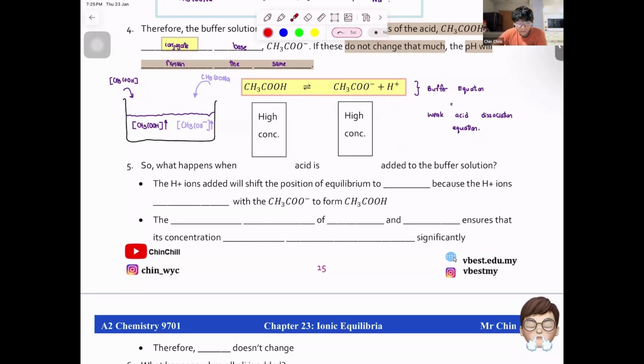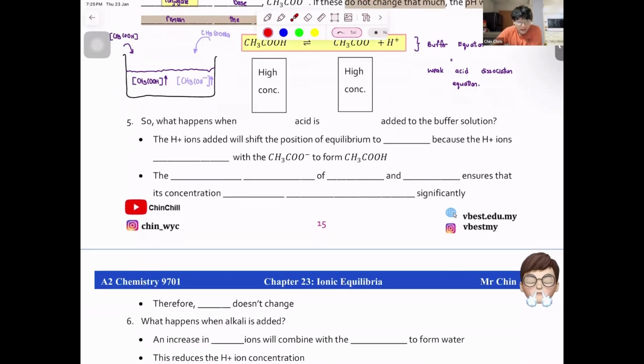Now, the H+ ion added will shift the position of equilibrium to the left. Why? Because the H+ ion will combine with the CH3COO- to form CH3COOH. Next, the large reserve of your CH3COO- and your CH3COOH ensures that the concentration of H+ does not change significantly.